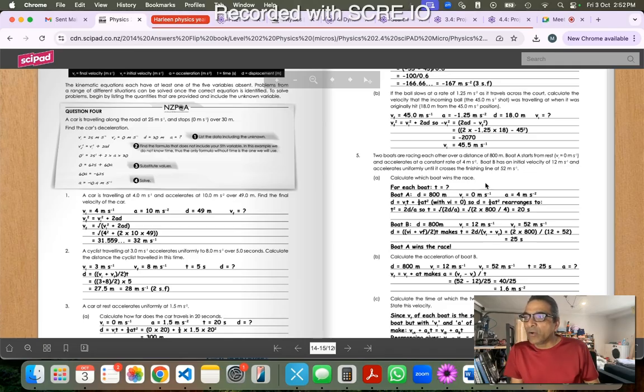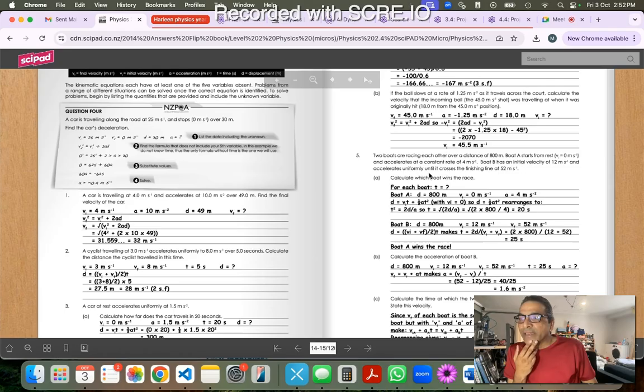Okay. So now in both of these, there is one more thing that got changed: the uniformity of the acceleration, accelerate uniformly. That means the acceleration is constant. It remains the same, right?